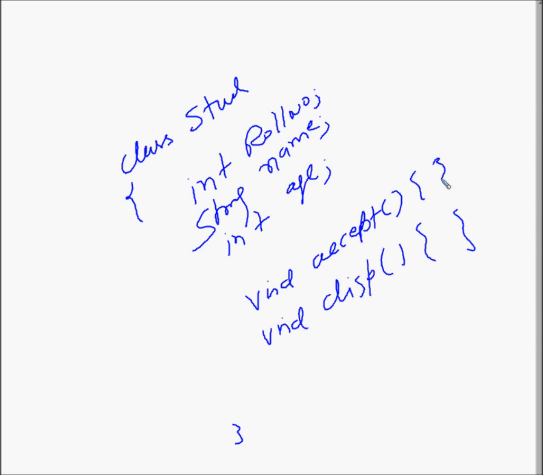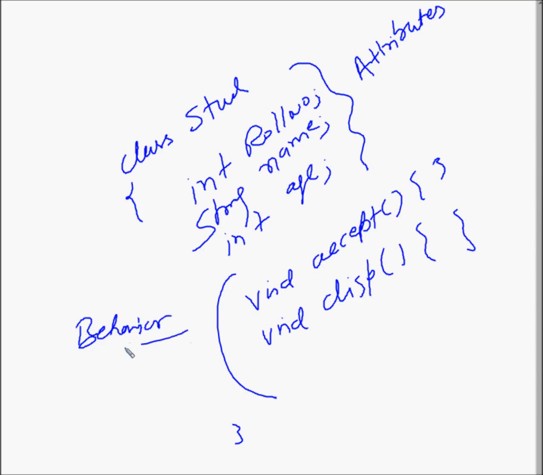What I said, a class is a set of attributes and behavior. So we can say these are the attributes, right? And what about this? This is called behavior.